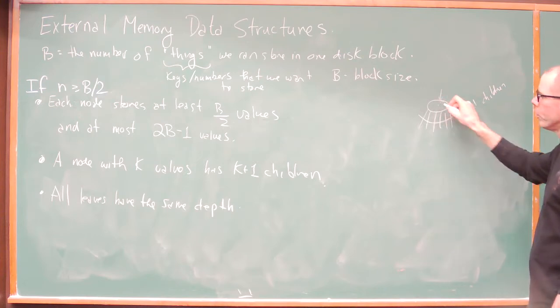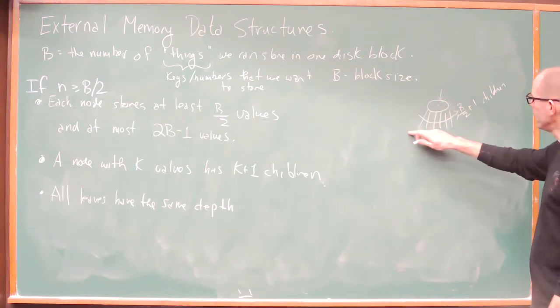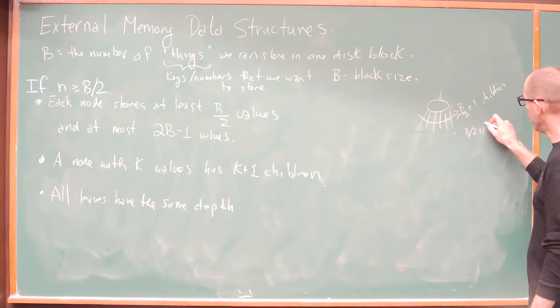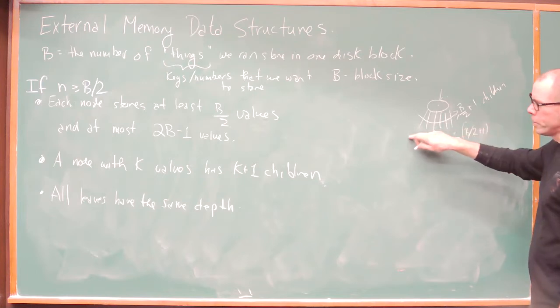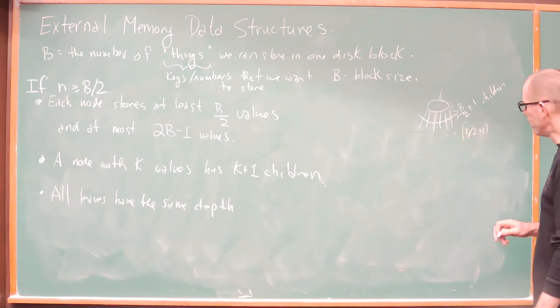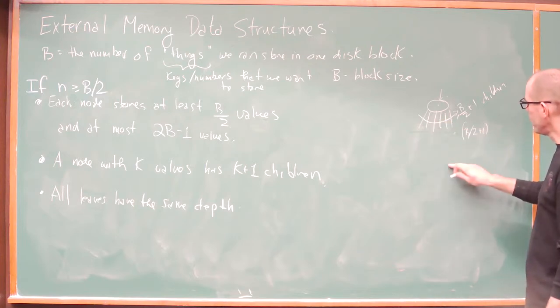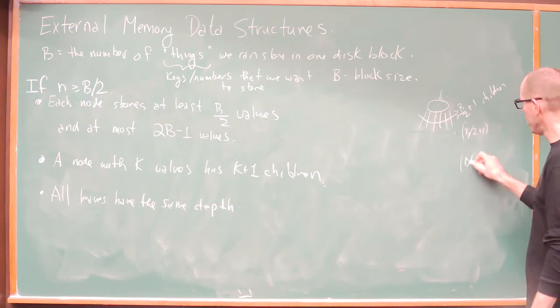Because it has at least b over 2 values. So there's at least b over 2 plus 1 nodes at this level, or children at this level. Each of those has at least b over 2 plus 1 children.